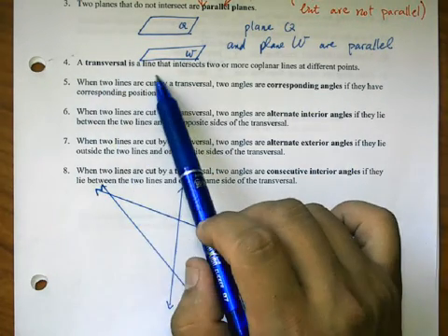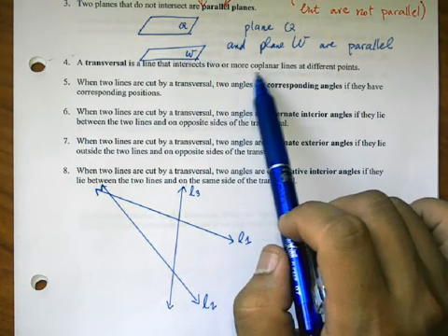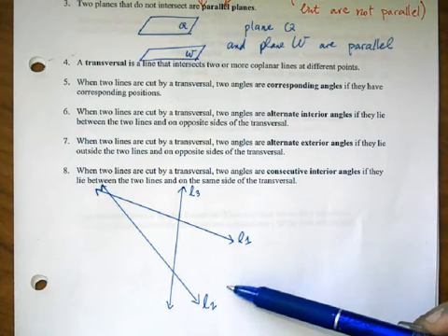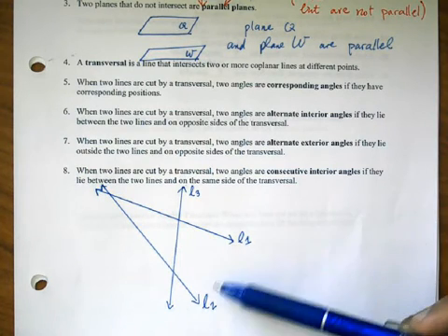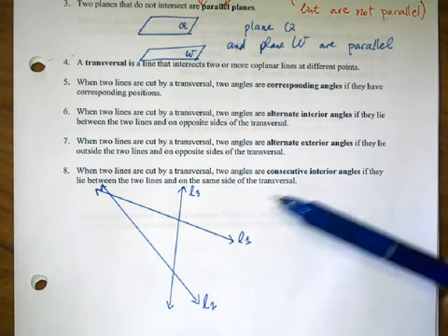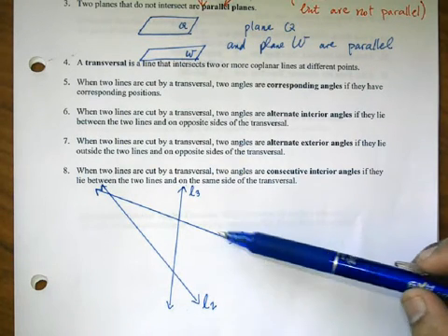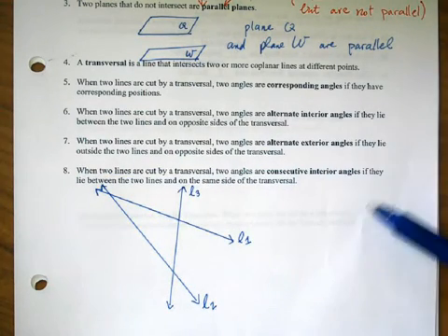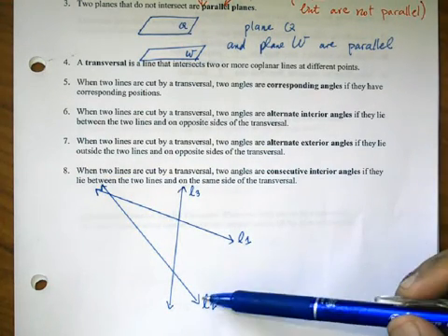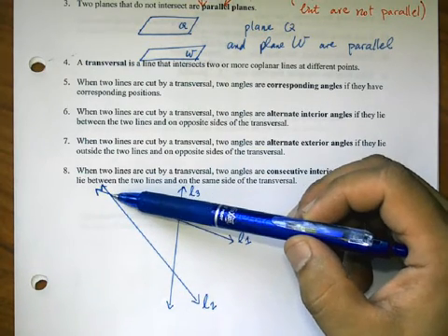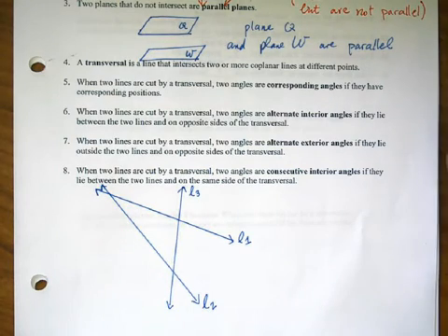It says a transversal is a line that intersects two or more coplanar lines at different points. So in this picture, all three of these lines, line 1, line 2, line 3, can be considered a transversal. Line 1 intersects line 3 and line 2 at two different places. Line 2 intersects line 3, and it also intersects line 1 over here. So all three of these can be considered transversals.